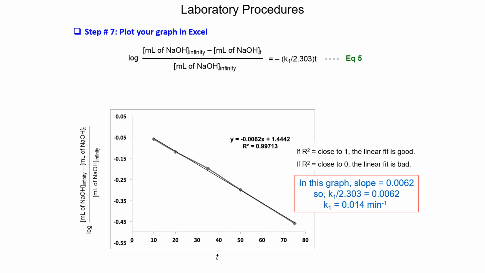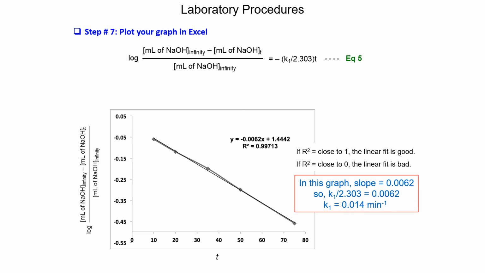When you draw a graph by substituting these values, you have the final volume of sodium hydroxide used minus the amount used at each time, divided by the final amount of sodium hydroxide used.